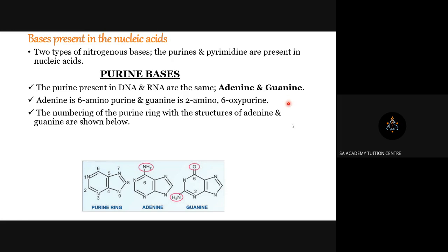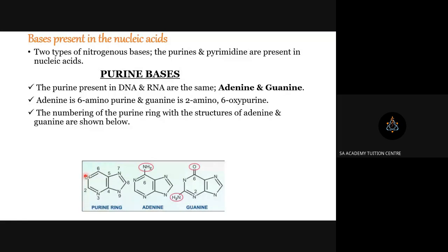Let's count together. This is the general structure of a purine base. This nitrogen here is the first, so this is number 1. Then you go anti-clockwise.